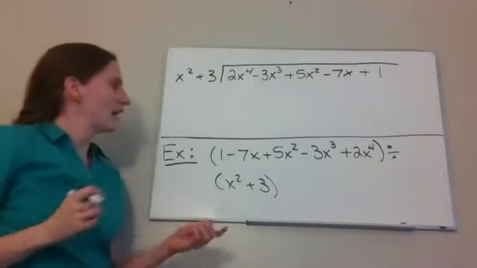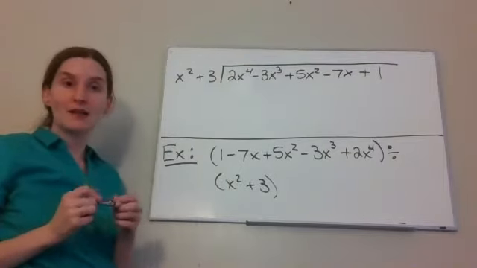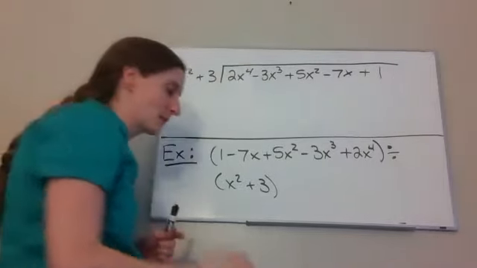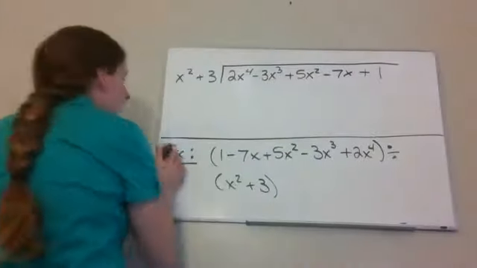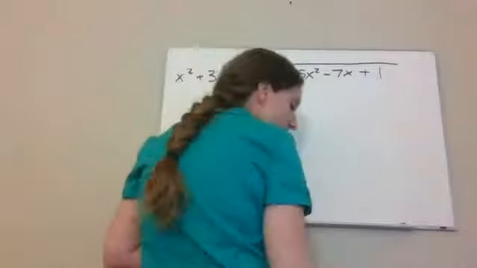So when I set this up, I just took my dividend and rearranged the order, so it went from highest exponent to smallest exponent. All right. So now let's go through the long division process again.